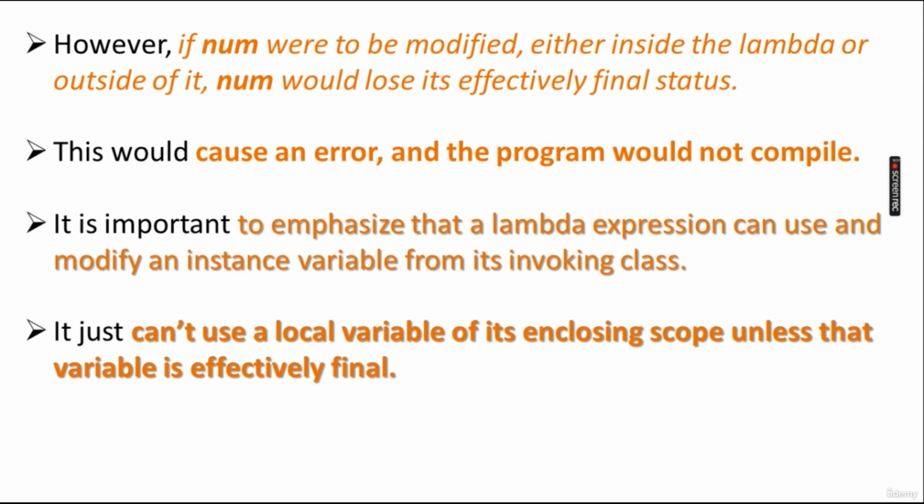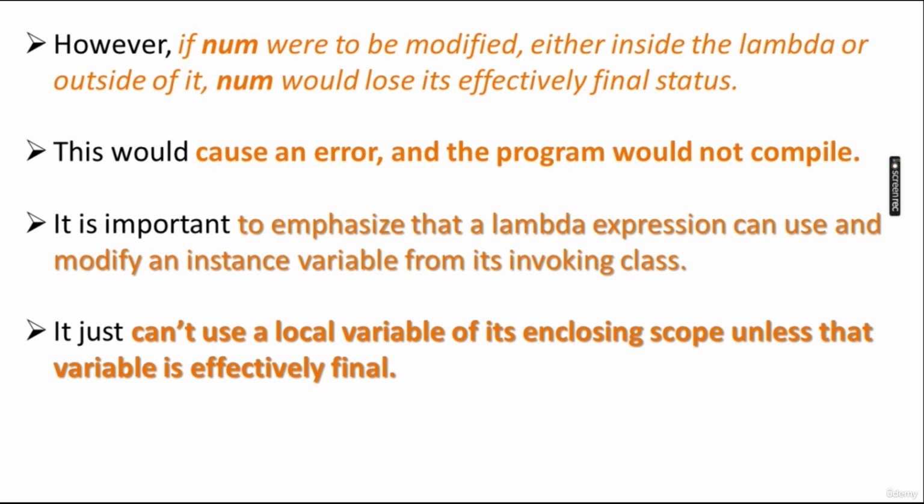It just can't modify the local variable of its enclosing scope unless that variable is not effectively final. If it is effectively final, then it cannot modify it, but still it can use it. If it is not a final variable and is just declared, then it can assign a new value to it.